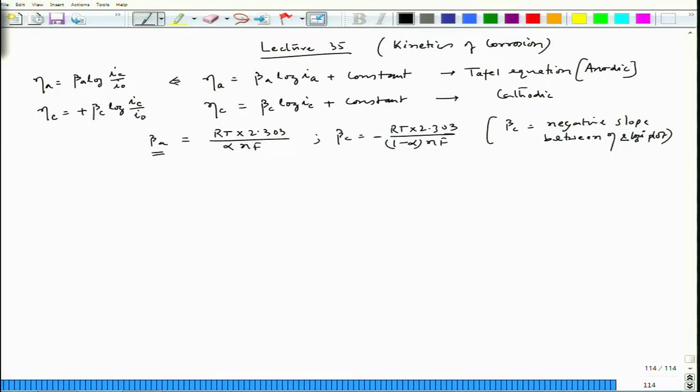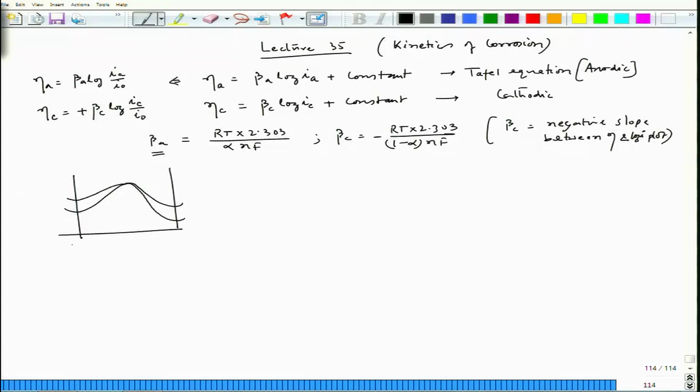Now, these two equations we have derived from the basic Butler-Volmer equation. We have two forms of the Butler-Volmer equation. One we found from consideration of atomic jump from one side to another, from the inner Helmholtz plane to the outer Helmholtz plane, and at that time we had this particular energy distribution. Initially it was like this, and then we considered that the anodic current density is higher than the cathodic current density.